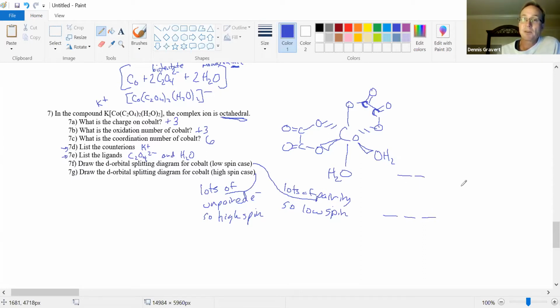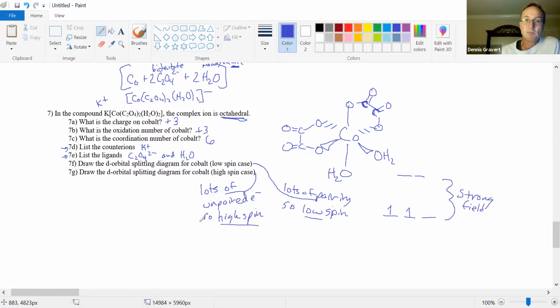If you have a strong field, then you get a big separation, so that after nature puts in these electrons, she has to decide, should I put an electron way up here or just pair up? It takes a little bit of energy to pair up, but that's much better than going way up here, which means you're pairing up, not having a lot of unpaired electrons.